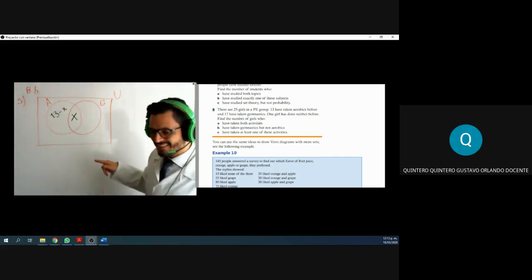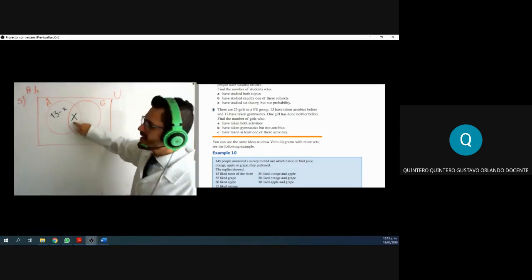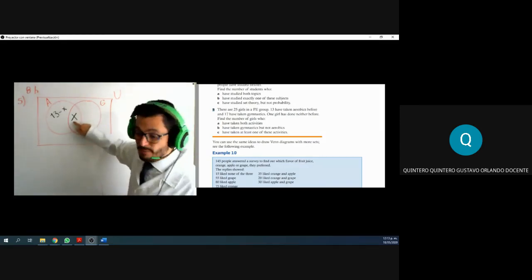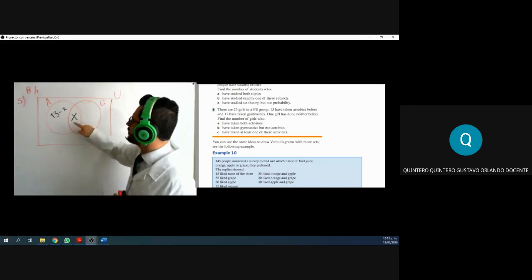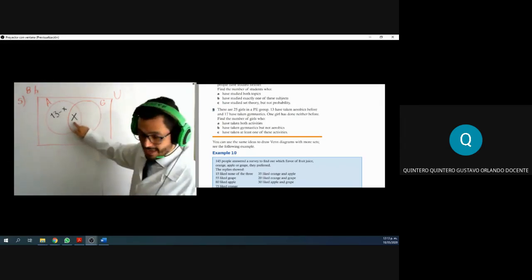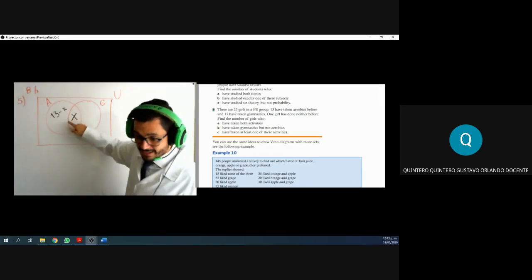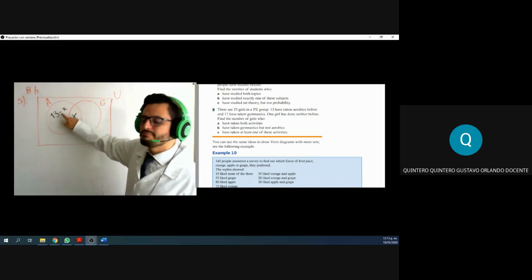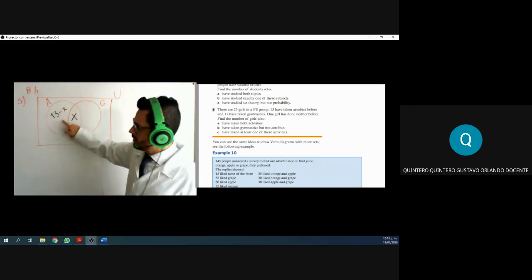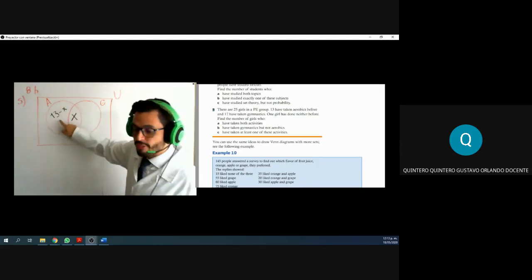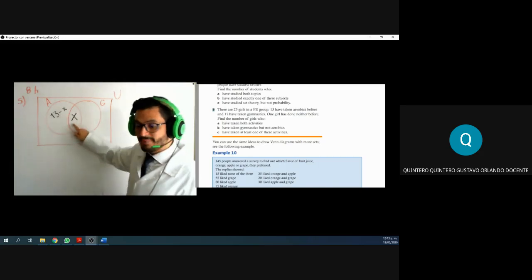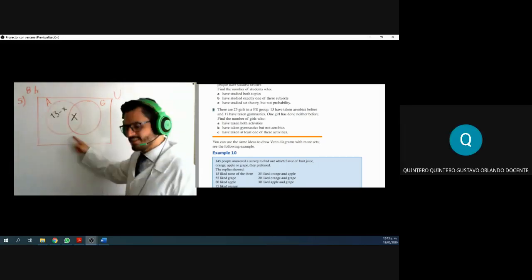Did you see what I did? If 10 people take both subjects, that means X is 10. It's the same X. This one is a little bit smaller, but it's the same X. So we have 13 minus 10 for a total of 3. Those 3 plus 10 will be 13.